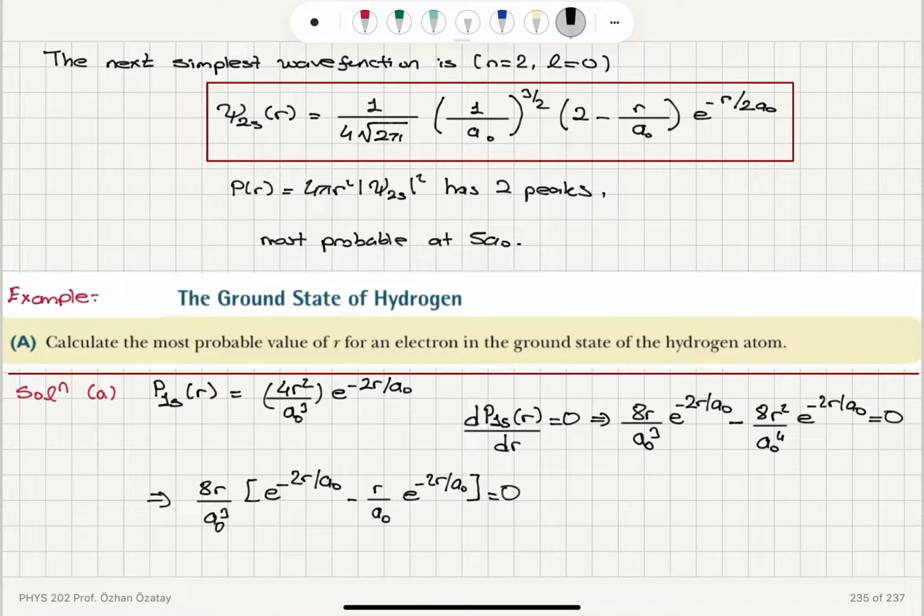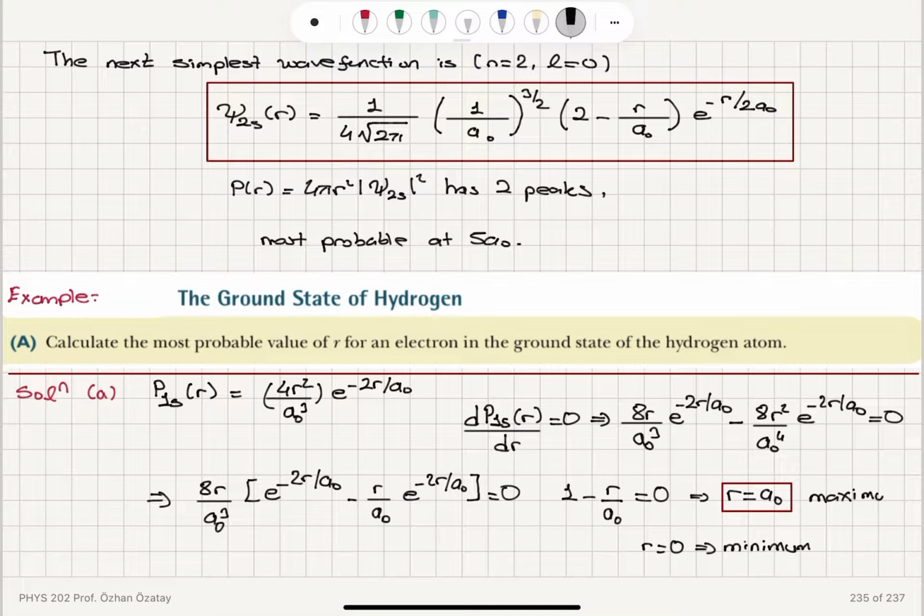So this gives me 1 minus r over a0 is equal to 0, which means the extremum point is when the radius is equal to the Bohr radius a0. And if I look at the other solution, which is r is equal to 0 solution, r is equal to 0 solution gives us the minimum point. So this is the maximum point.